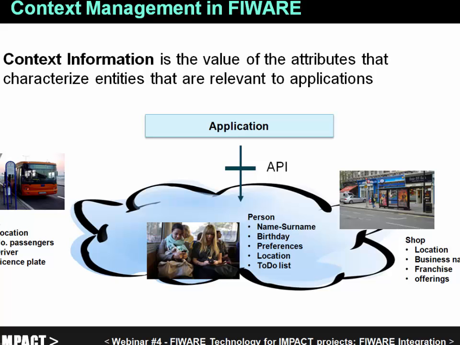Each of these entities will have several attributes. For example, the bus has a location, number of passengers, a driver, the license plate, and all these attributes can change in time. So there's an application that's going to write the values of these attributes at any time, and other applications can read them accordingly. And you can also set up notifications. The same goes for a person object, for a shop, and so on and so forth.